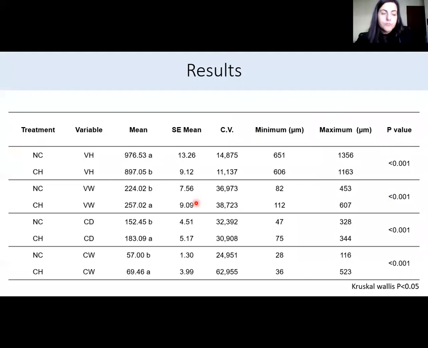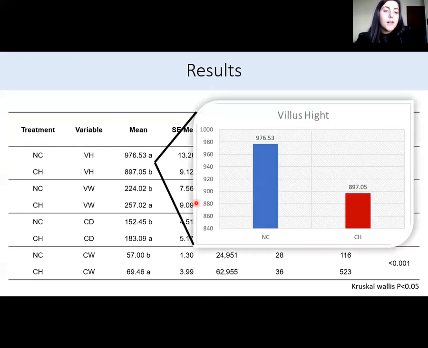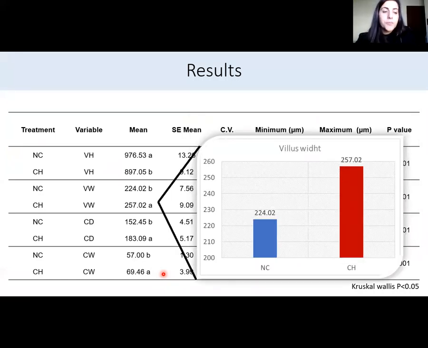For the results, as expected, both groups presented different results. The non-challenge group presented higher values. All the data was presented with statistical analysis in the results. The villus height was higher in the non-challenge group compared to the challenge group.